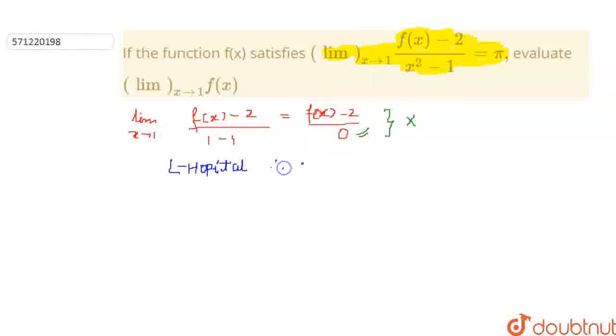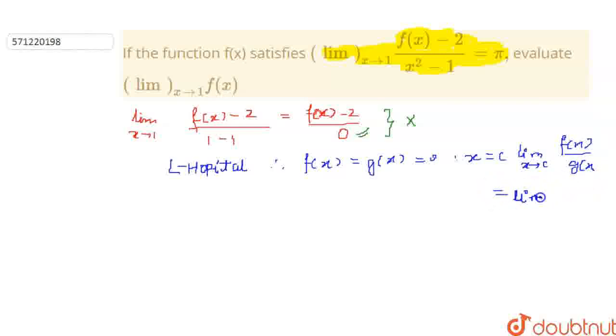So this says that if f(x) is equal to g(x) is equal to 0 for x equal to c, then limit x tending to c for f(x) upon g(x) should be equal to basically limit x tending to c f'(x) upon g'(x). So we are using the same concept here also.